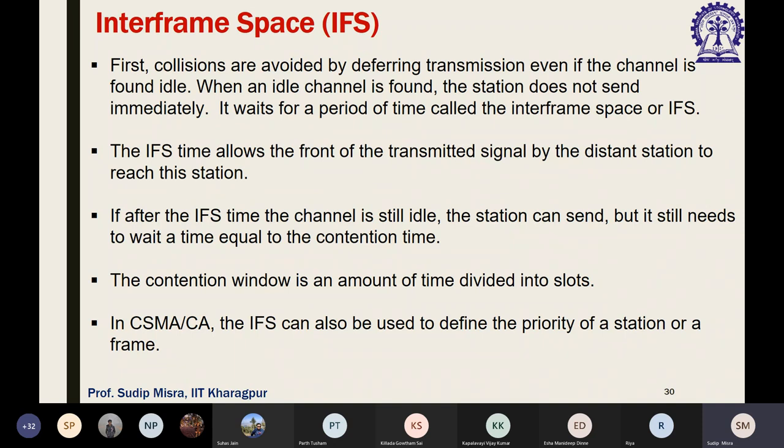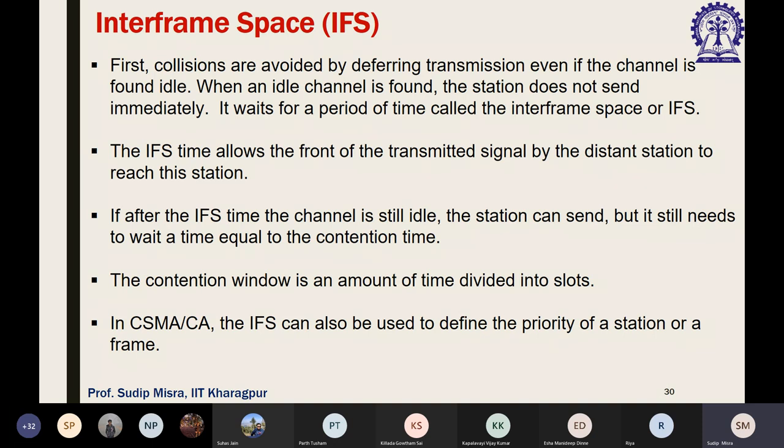Now CSMA/CA uses a couple of mechanisms to ensure that the stations are able to send their frames collision free. The first thing is the use of the interframe sequence. The interframe sequence is the time duration that allows the front of the transmitted signal by the distant station to reach this particular station.